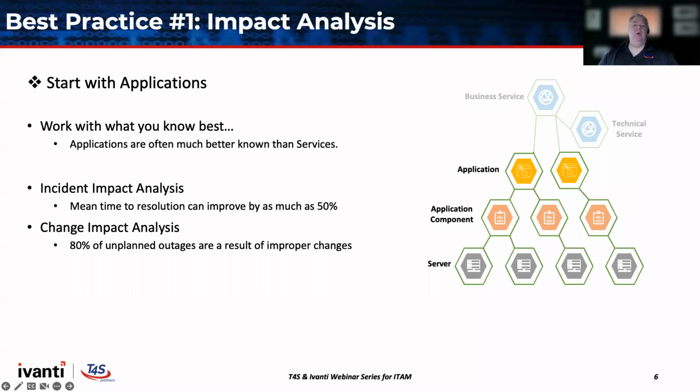The alternative would be, of course, a business service, and we'll talk about those as we move further up the maturity cycle, because business services become very important as we begin to look at how we quantify what IT does and how we want to define that. But starting with impact analysis, we want to start with something we know, which in this case is applications.